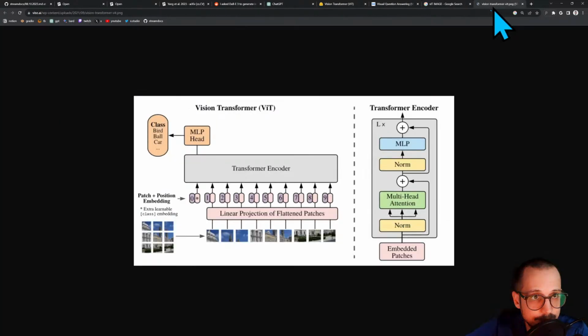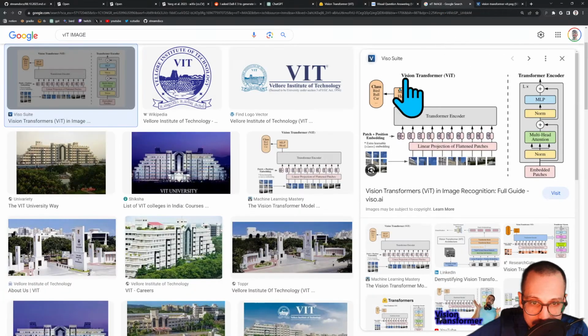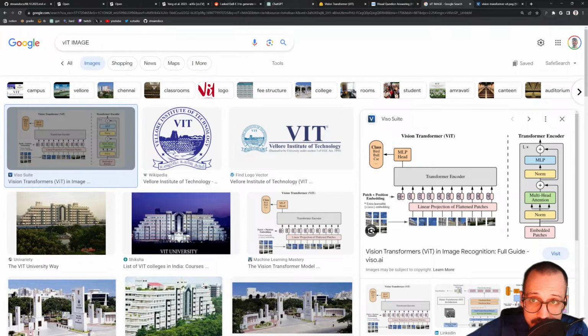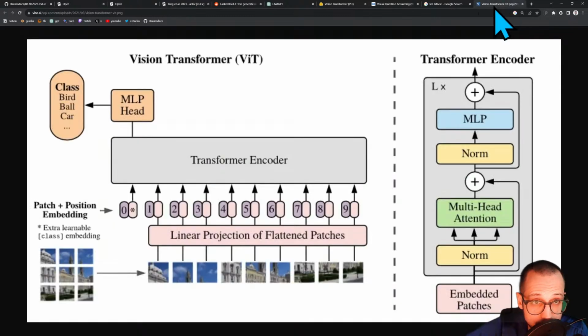So you see this? It cuts up the image into these patches, and then these patches are fed into a transformer as if they were words. Or not words, but word tokens, right? Whenever you're feeding a sentence, you're feeding little chunks of the sentence, and each of those is basically one little token. So it's doing the same thing, except now they're visual tokens.